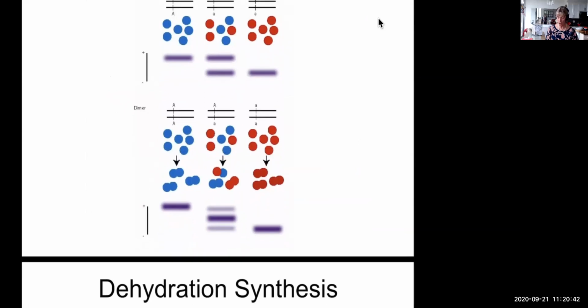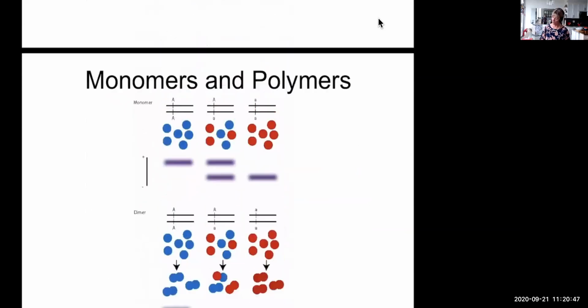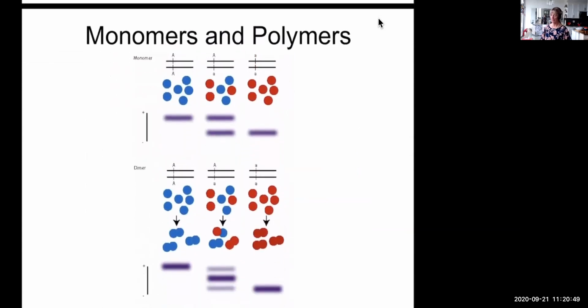So we use terms in chemistry called monomers and polymers. And monomers are the smaller single molecules like glucose, for example. An amino acid is a monomer. And polymers are larger groups. So the definition of a monomer would be a subunit of macromolecules.